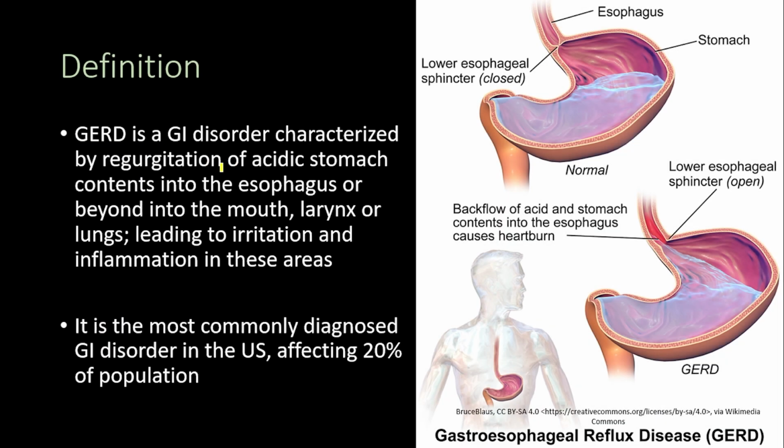So, gastroesophageal reflux disease is a gastrointestinal disorder characterized by regurgitation of acidic stomach content into the esophagus or beyond into the mouth, the larynx, or the lungs, leading to irritation and inflammation in these areas.